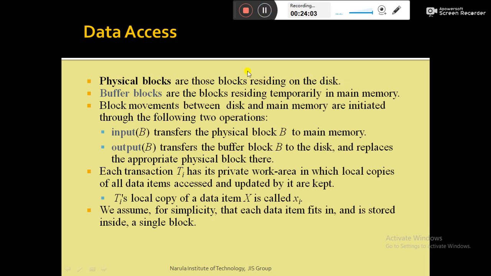Now when a transaction initiates, that is, when a transaction starts execution, the physical blocks are copied to the buffer block. A buffer block is a block residing temporarily in the main memory; the space occupied in main memory is known as a buffer block. So the physical blocks are copied from the hard disk to the main memory.